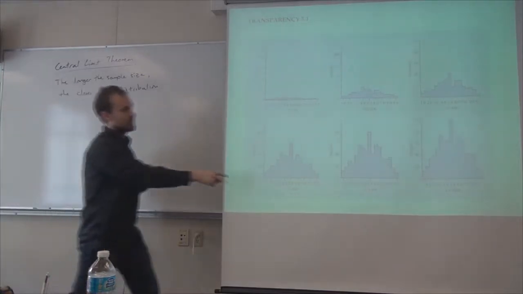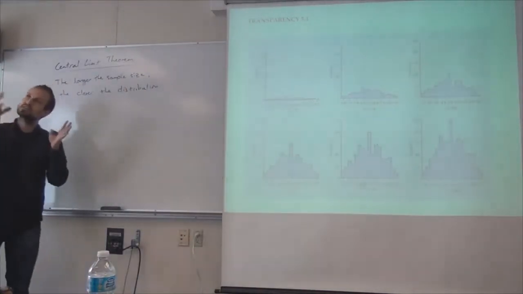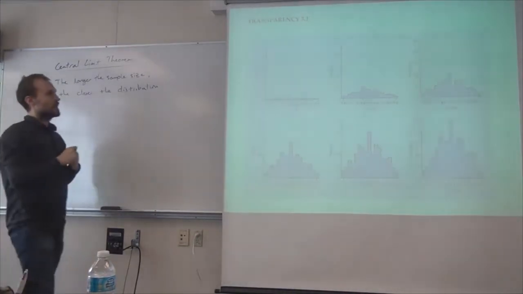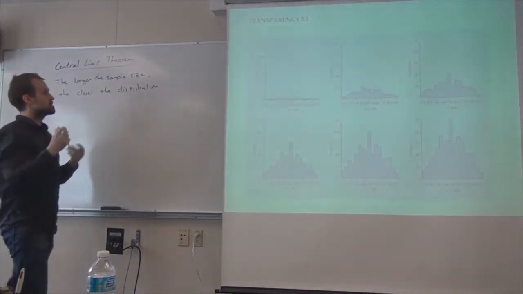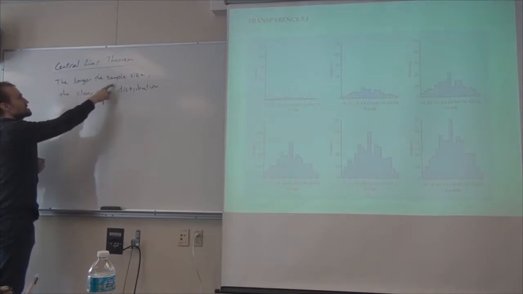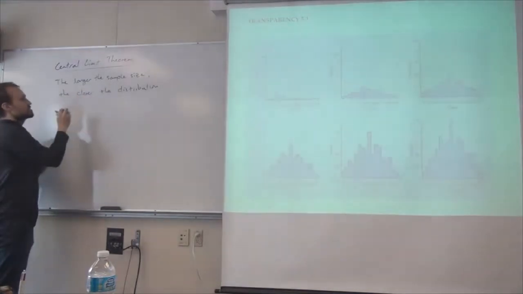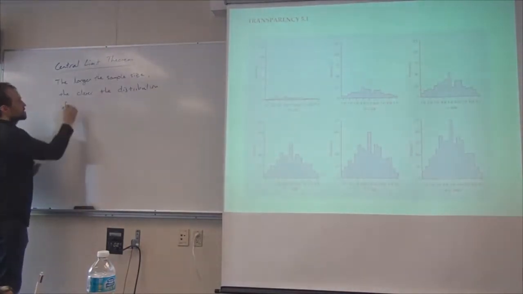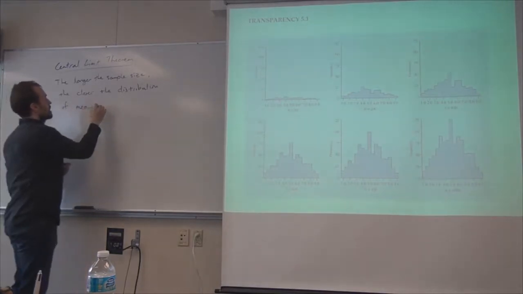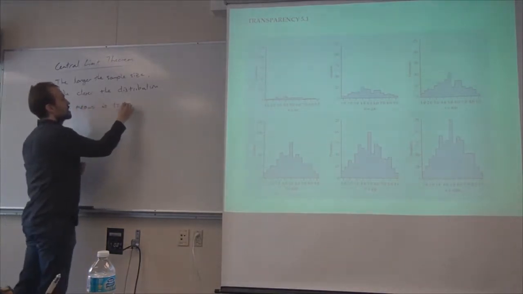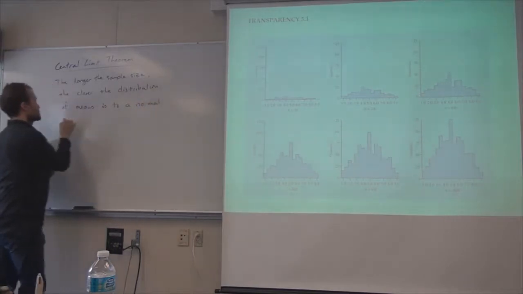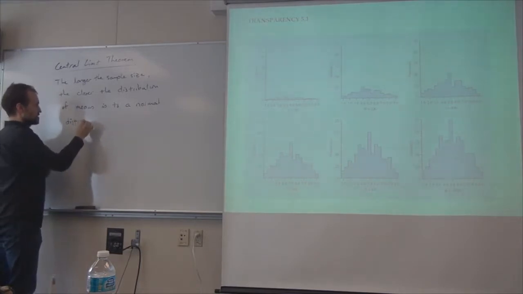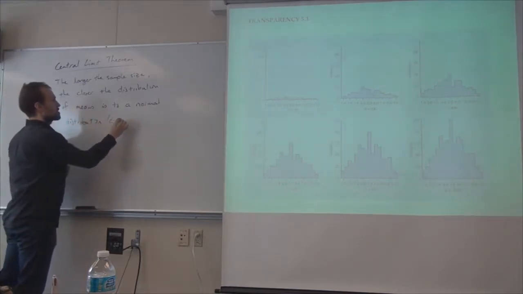If I say I'm looking at a sample size of 600, then across my population I take all possible samples of 600 people. All possible. There are many, many. And I look at how the means are distributed. So the larger the sample size, the closer the distribution of means is to a normal distribution, a normal curve.